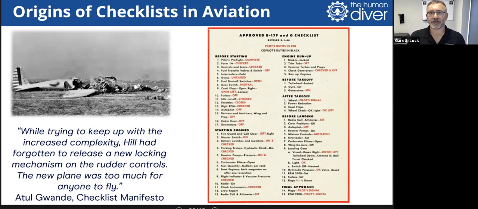Now, in aviation, this started between the wars, where the Boeing Model 299 was being flown. It was a trial aircraft, and they had the chief test pilot and the chief flight test engineer from the US Army Air Forces, flying this aircraft and another one in a competition.